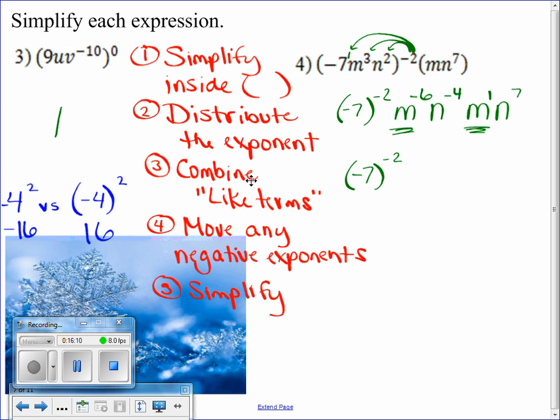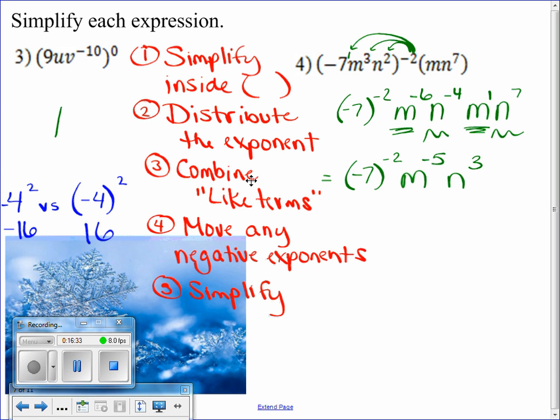But yeah, this is a multiplication problem, so we add their exponents. So -6 plus 1 is -5. And then you also have n's. -4 plus 7 is 3.